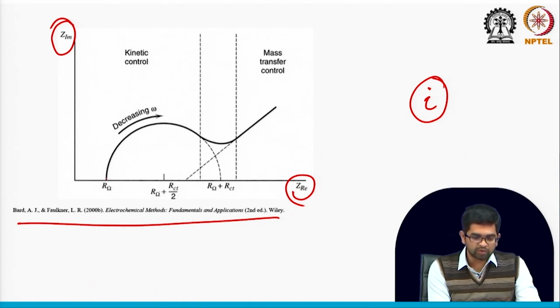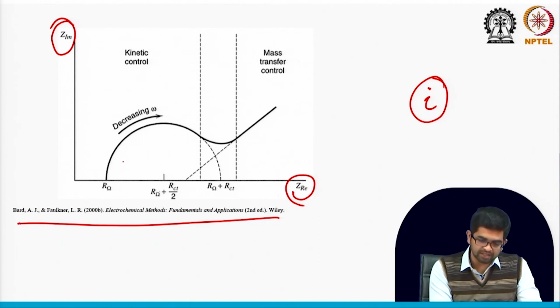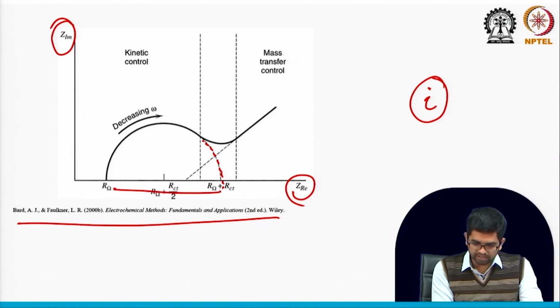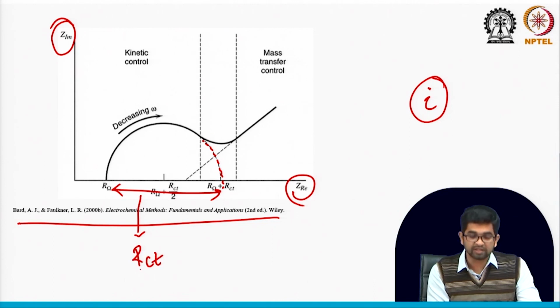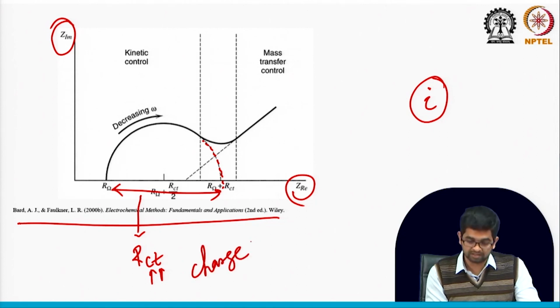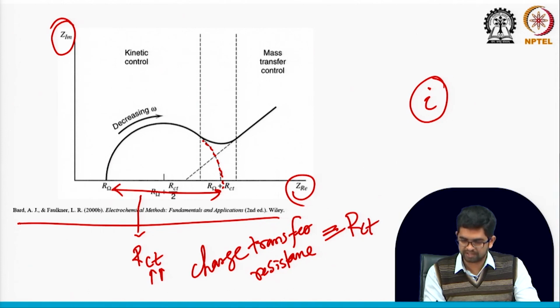So, we get one semicircle kind of region and one straight line. This semicircle region is mainly your impedance. We call this RCT, the resistance for charge transfer, or charge transfer resistance, RCT.